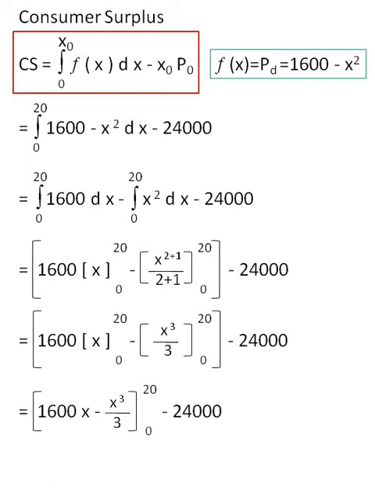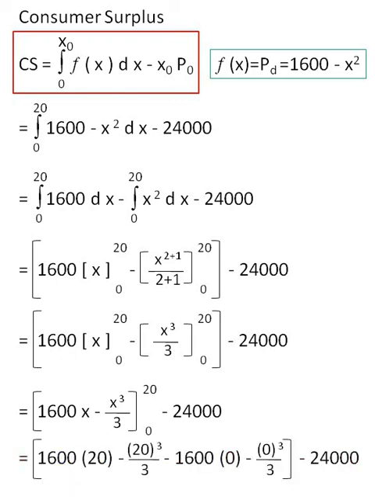Now we can write again like this, 1600 x minus x cube by 3, and commonly we can write 0 to 20, minus 24,000. Again we have to apply the same rule, b minus a, where a is the lower level and b is the higher level. We have to substitute and write.